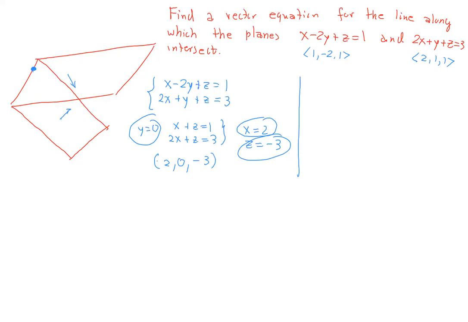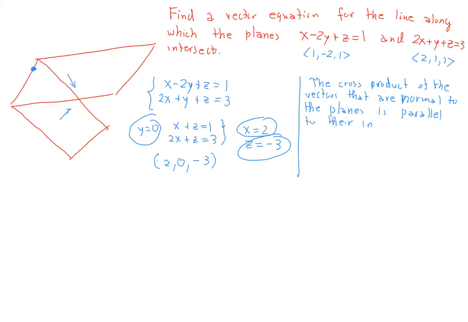So the cross product of the vectors that are normal to the planes is parallel to their intersection.